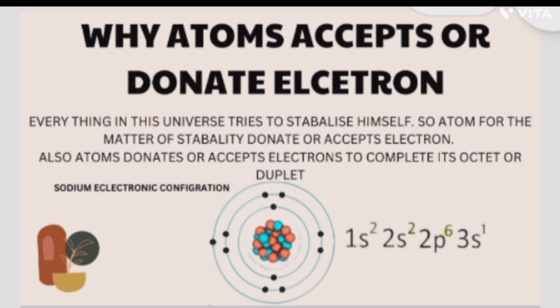So for the purpose of stability and to complete its octet, sodium donates one electron to some other atom and becomes stable. As a result, a sodium cation is formed, and it got a positive charge on it.